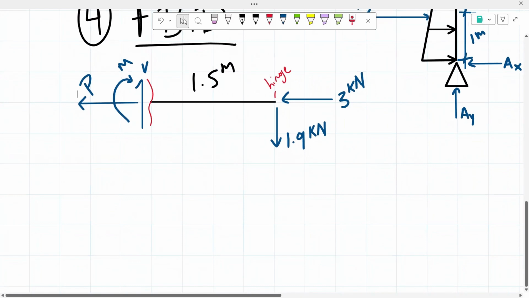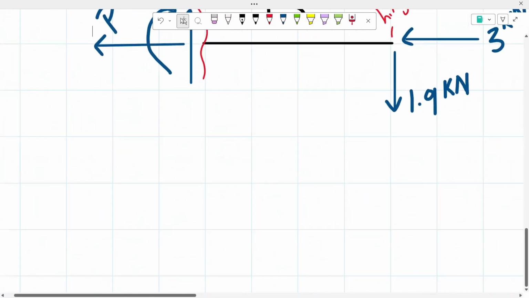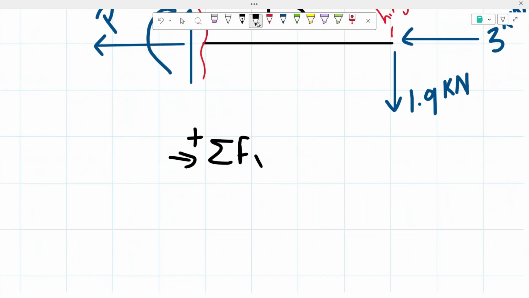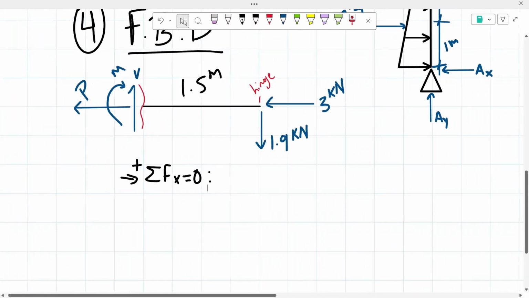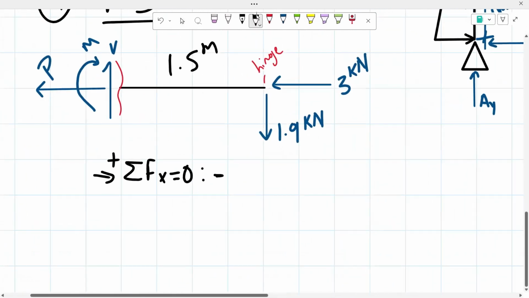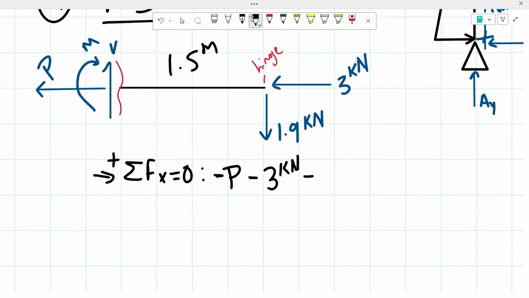So to solve for our internal forces, I'm going to solve for my normal force by taking the sum of the forces in the x direction. Here we have our normal force going to the left, so that is a negative force. And then my other horizontal force is going to the left as well, so that's another negative force of 3 kilonewtons.